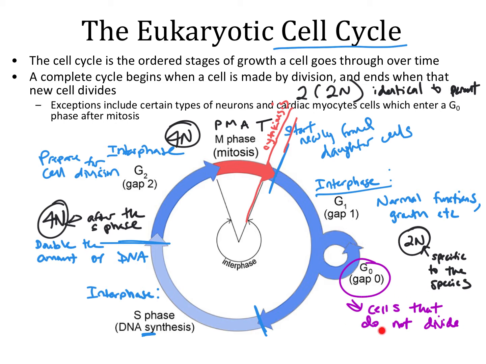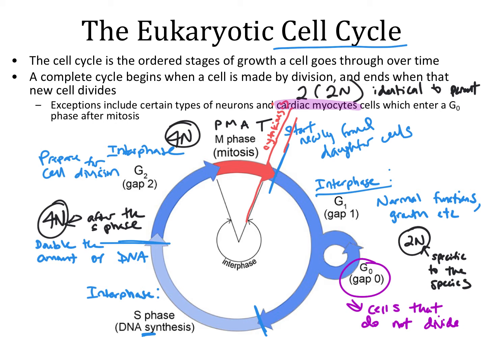So cells that do not divide, there are 2 major examples in the human body. The first are cardiac myocytes. What do they make up? That is the heart muscle cells.